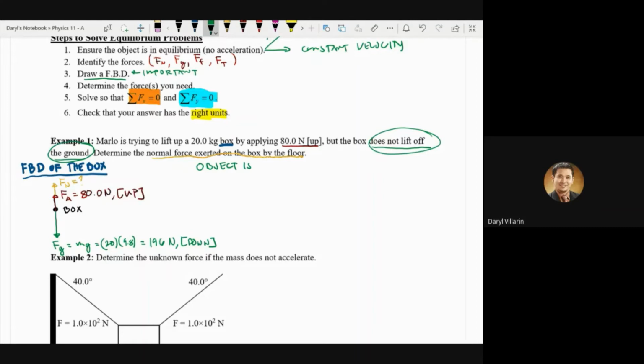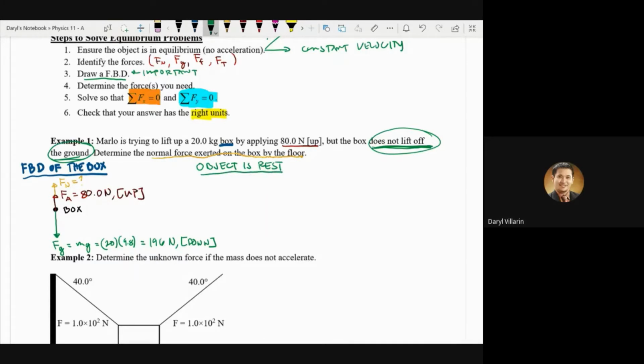This statement here, what does this tell you about the state of motion of your object? The object is, anyone? It's not being moved. It's not moving, or it is at rest, right? So it is at rest.